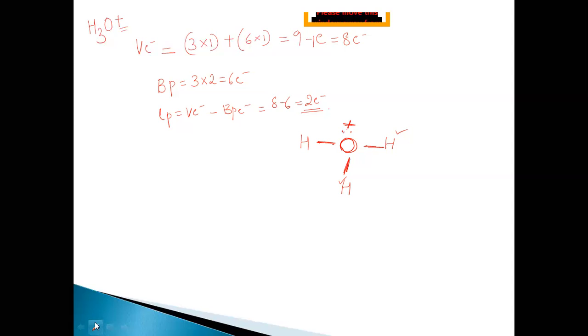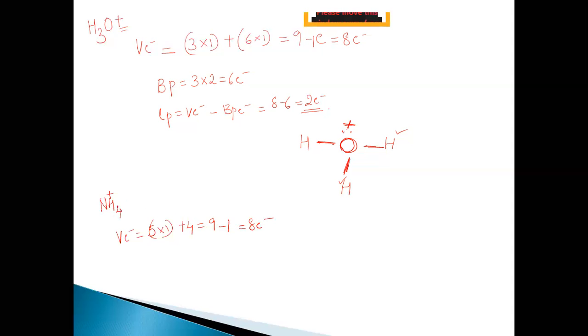And let's look at the structure of the ammonium ion, NH4 plus. First calculate the number of valence electrons: nitrogen is 5, plus 4 electrons from the hydrogens, that is 9, with a positive charge again, so minus 1, that is equal to 8 electrons.